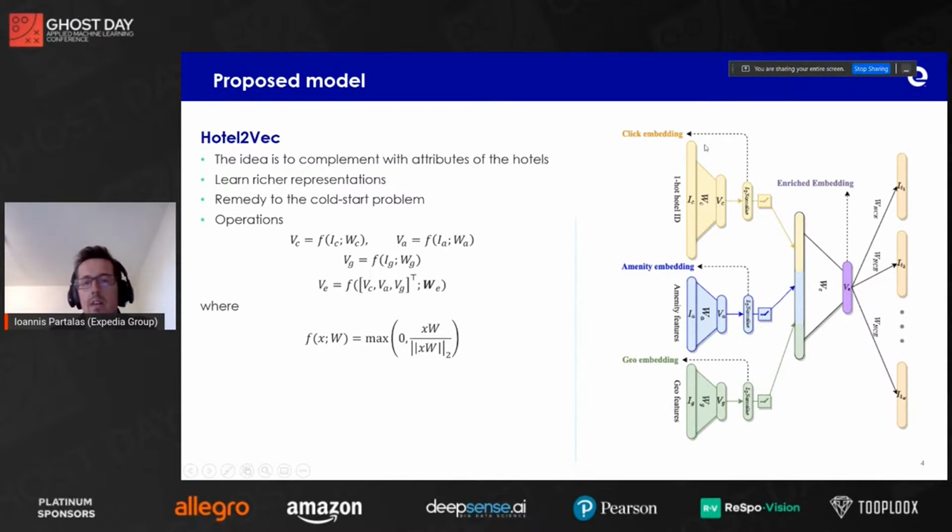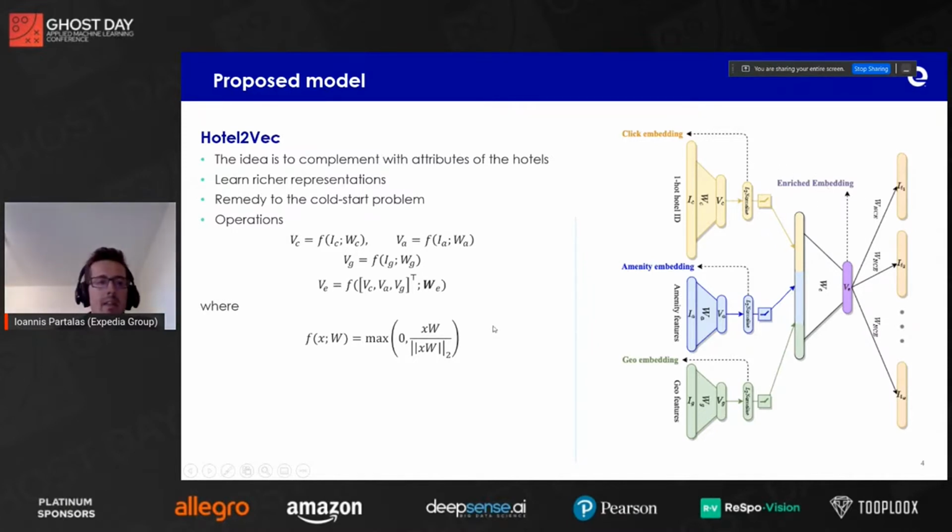As we don't yet have information on clicks, we can pass the information in the lower part, amenities and whatever other information we have, plus geographical information, through the network, and get this enriched embedding, which we use as our representation.